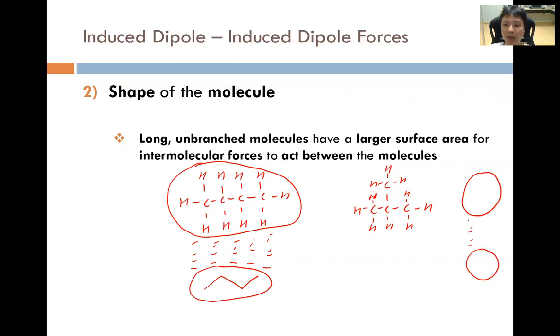As you can see, if it's branched, the surface area for interaction will be smaller, and hence the ID-ID interactions that can operate between molecules that are branched will usually be weaker because the surface area for interaction is smaller. Okay, so I hope that makes sense. Basically, if the molecule has a larger surface area, then the surface area allowed for ID-ID interactions to act between the molecules will be greater, and hence the ID-ID interactions will be stronger.